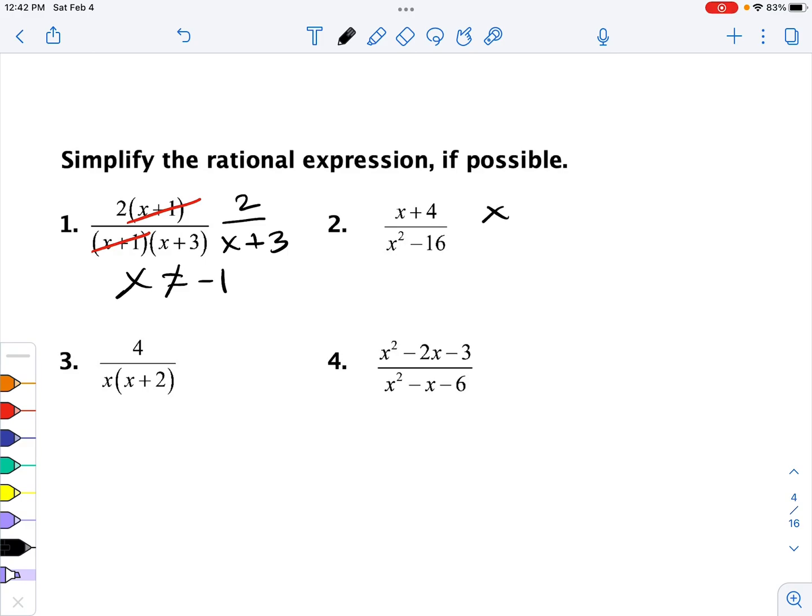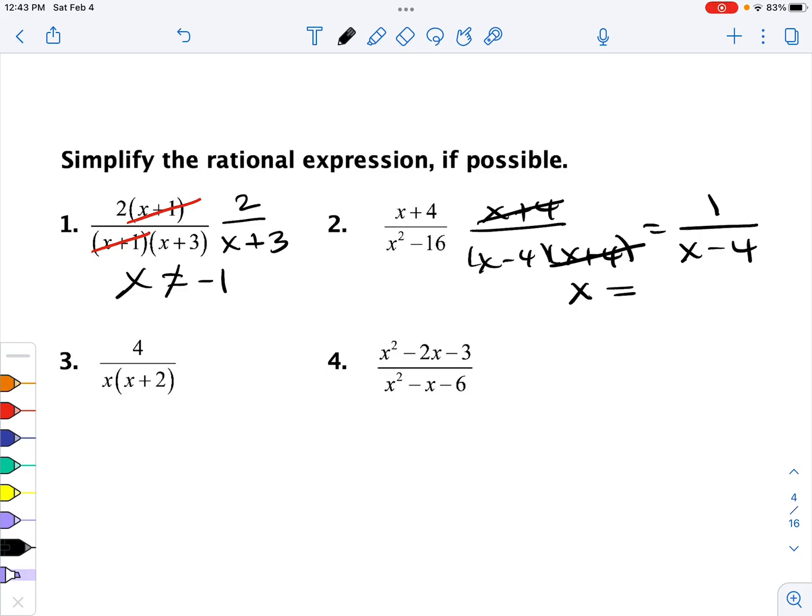Going on to number 2, x plus 4, again, difference of two squares. X minus 4, x plus 4. These cancel out, but you have to remember there's always a 1 left in the numerator. It's going to be x minus 4, and the excluded value is going to be x cannot equal negative 4, because that's what's going to make that part 0.